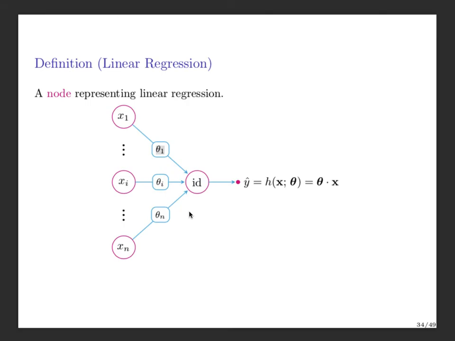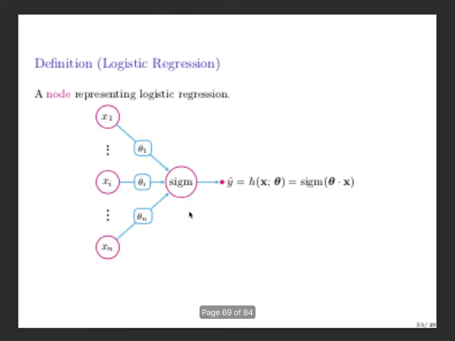It's just saying get that sum. You can also do the same thing for logistic regression, except logistic regression has to take this and then give it to the sigmoid function. So that's why I put in that node: this node is going to collect that sum, apply the sigmoid function, and then throw out the value.